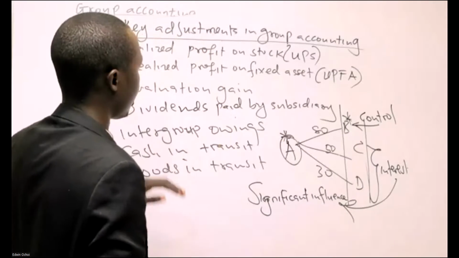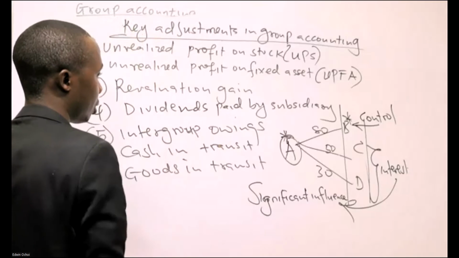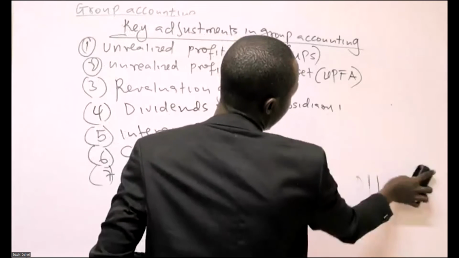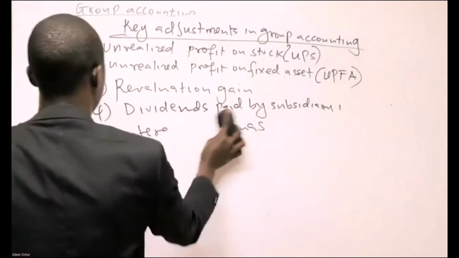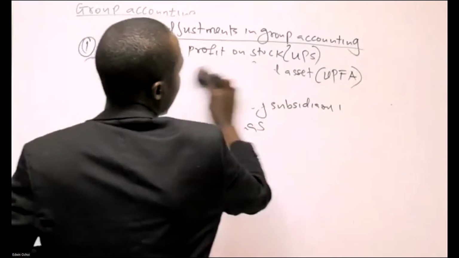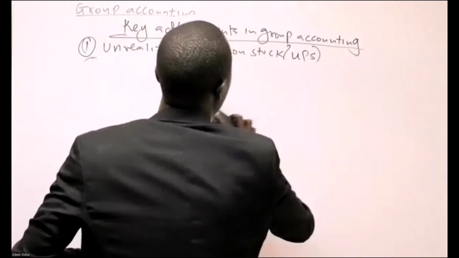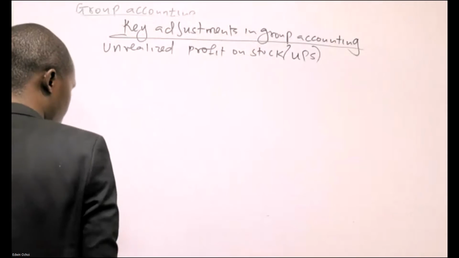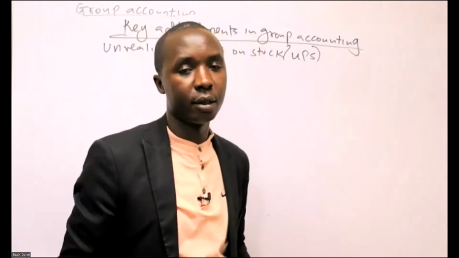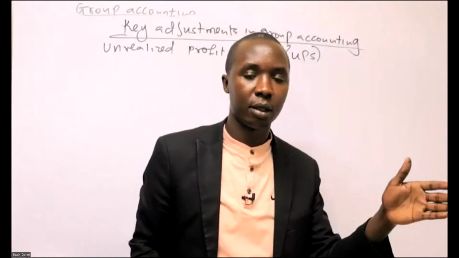Let's mention the first one, UPS. How does it arise? How are you supposed to compute for that? So UPS, unrealized profit on stock. This is whereby you find that we have a parent and a subsidiary.